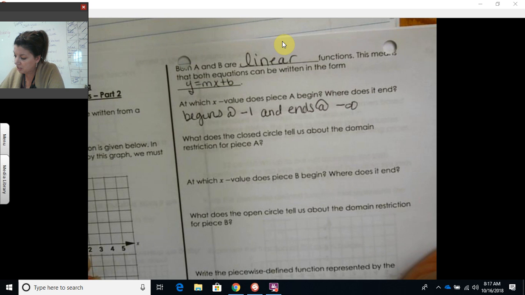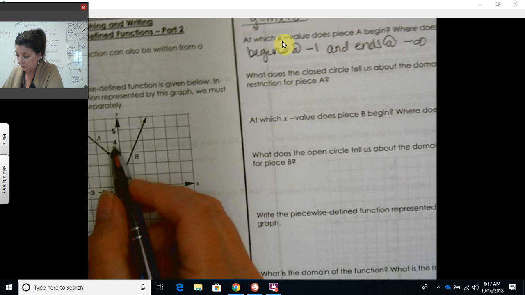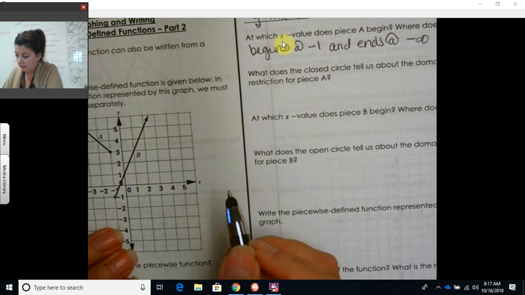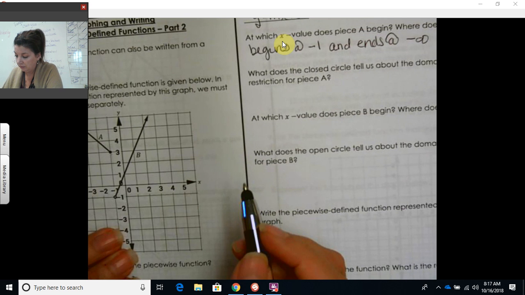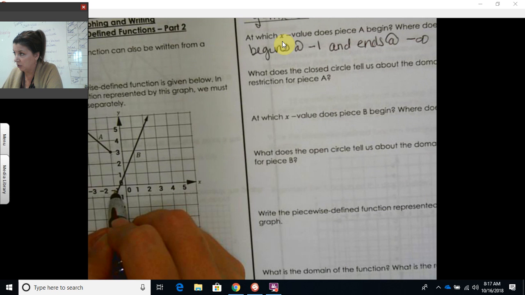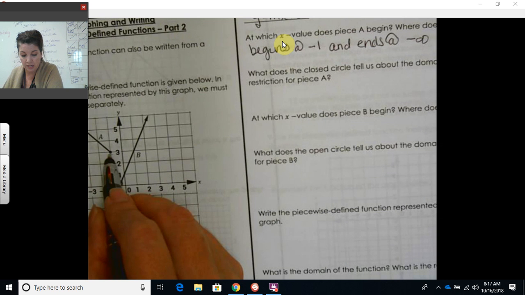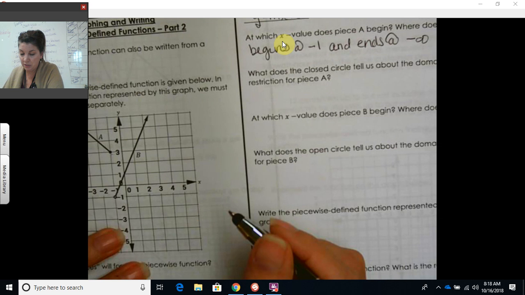What does the closed circle tell us about the domain restriction for piece A? Piece A's domain would be -1, right? The range is the 3. So it tells us that piece A includes -1 in the domain.